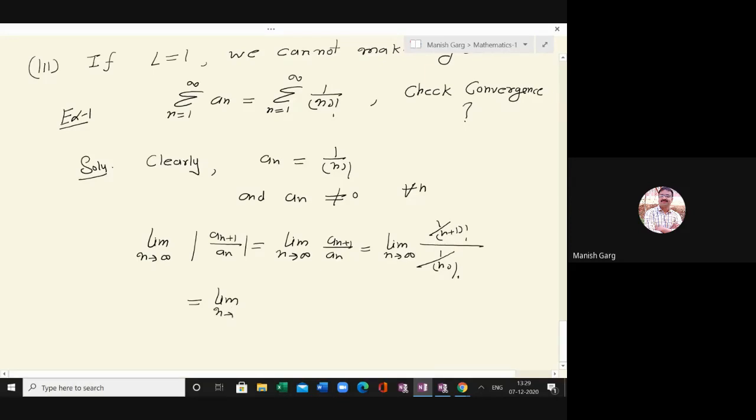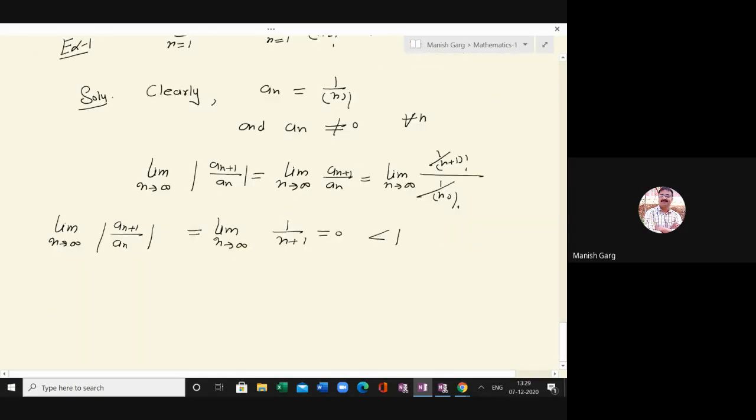Factorial n will be cancelled out, leaving 1 upon n plus 1. This is 0, less than 1. Clear? So it is less than 1, so by the ratio test, your series n equals 1 to infinity 1 upon factorial n converges.